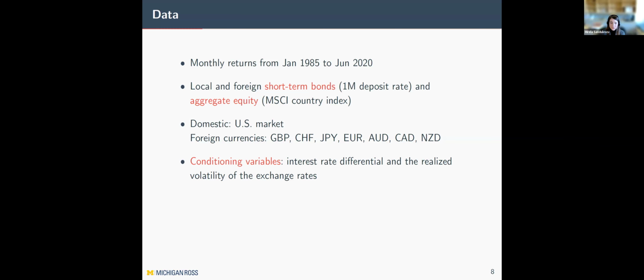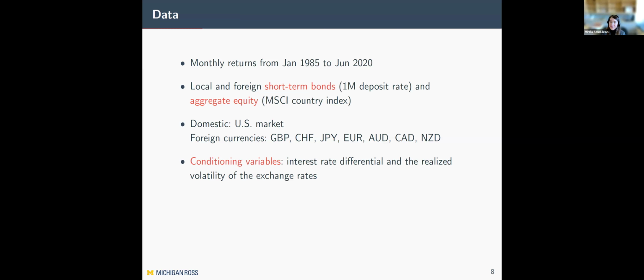So now the way by which we are going to solve for this optimization is by assuming bilateral trading. What does it mean? It means that if I'm domestic US investor, I can trade locally my short-term bond and the aggregate equity.